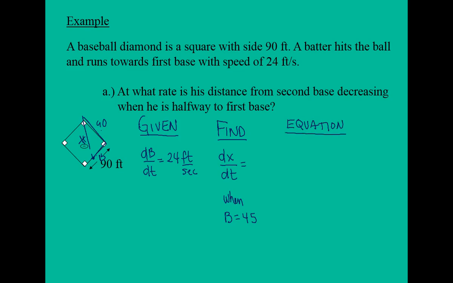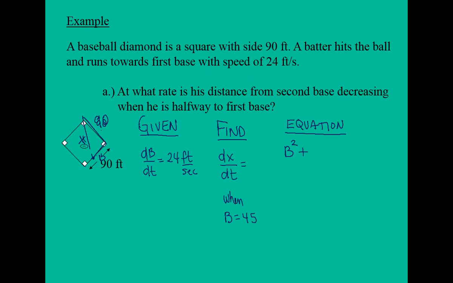The equation that's going to relate these variables, b and x, together would be the Pythagorean theorem. So we would have b squared plus, now if you look at our triangle, notice this side is always 90, no matter how far the batter is from first base, which is our b, and no matter the length of x.